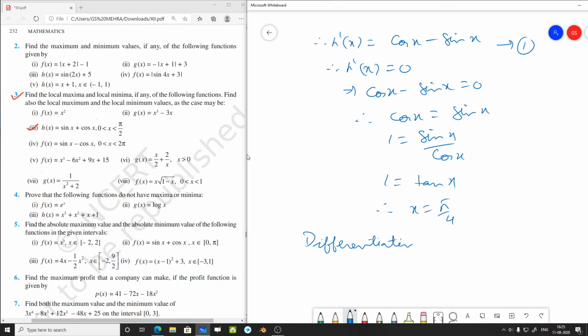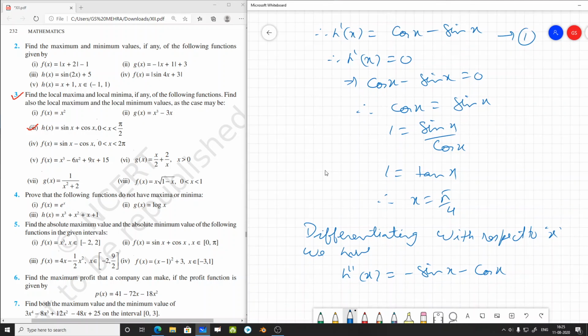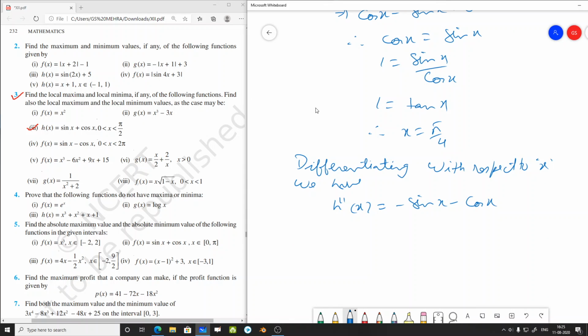Differentiating 1 with respect to x, we have h double dash of x equal to differentiation of cos, which is minus sin x, and minus is as it is, and differentiation of sin x is cos x. So we can take out minus common. Therefore h double dash x equal to minus sin x plus cos x.